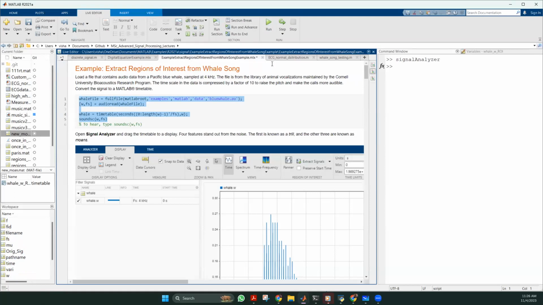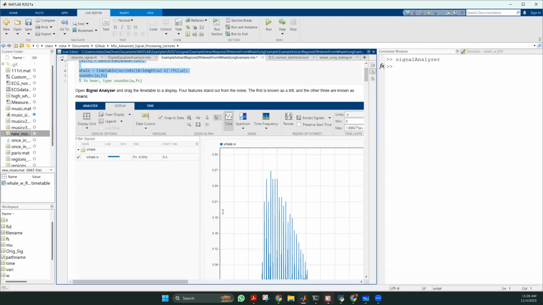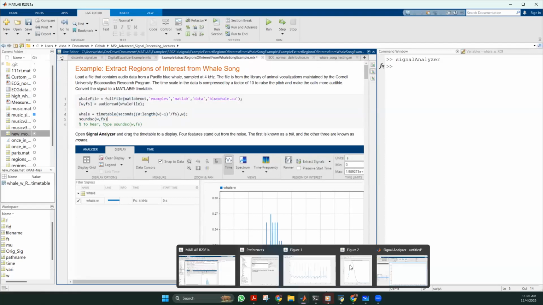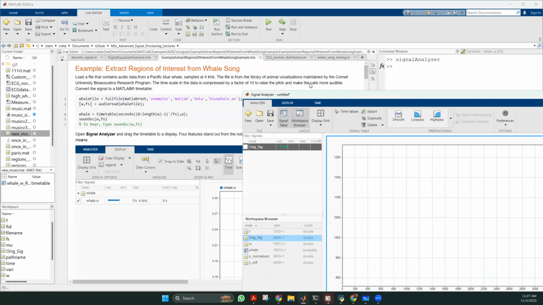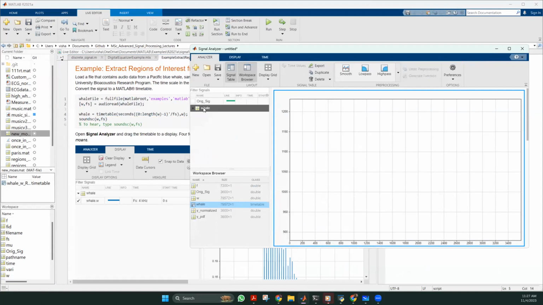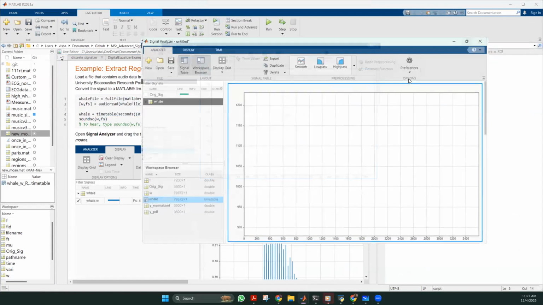Great. So now we are going to see the signal in the signal analyzer app. Since I ran this code, these variables are stored in the signal analyzer app. So in here, I can see the whale signal is here, right? I can put it up to the signals table, the area where I'm going to use the signal.